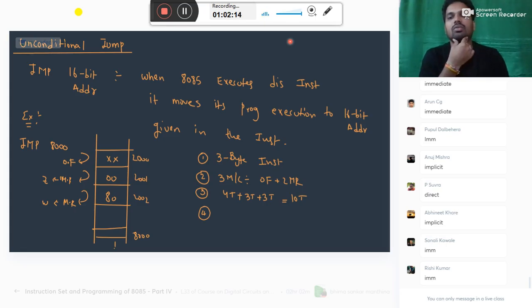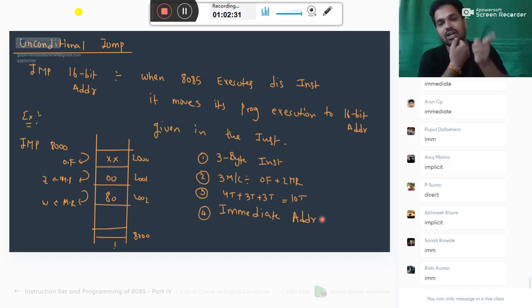Very good, it is immediate addressing. Direct addressing mode is when we read or write data in memory: we treat the data coming as an address, go to that address and read the data, so the operand is at that address.